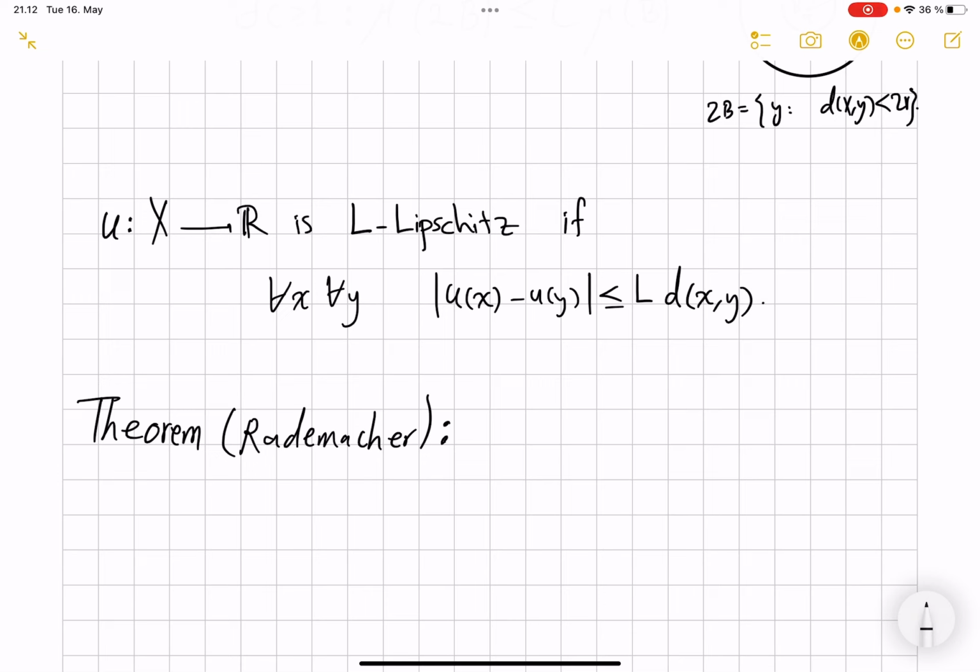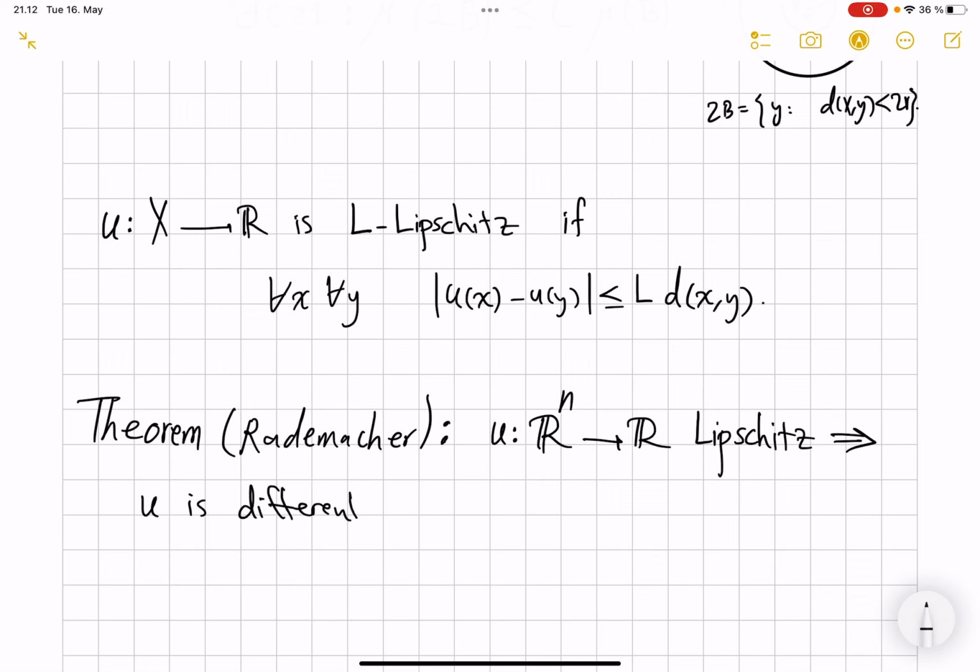They have a derivative. So if your space is actually a piece of Euclidean space, for simplicity I assume all of it, if you have a Lipschitz function on a Euclidean domain, then u is differentiable almost everywhere, at Lebesgue almost every point of your domain.